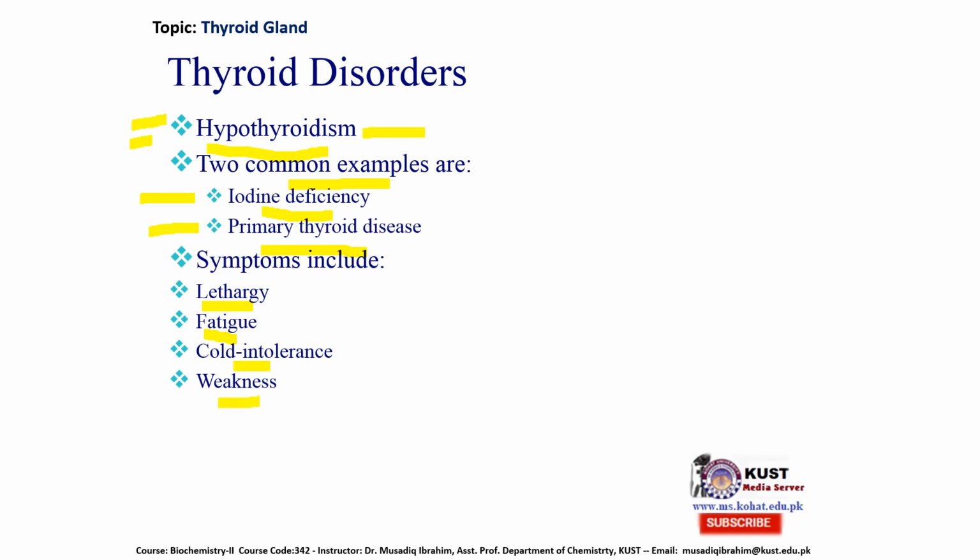Weakness, so there is general weakness of the body. Hair loss, so baldness is also a symptom of hypothyroidism, as well as reproductive failure, which means that the person suffering from hypothyroidism has reproductive problems relating to sexual behavior.